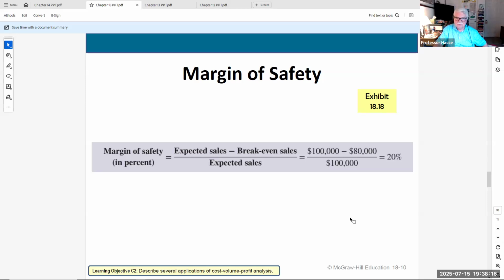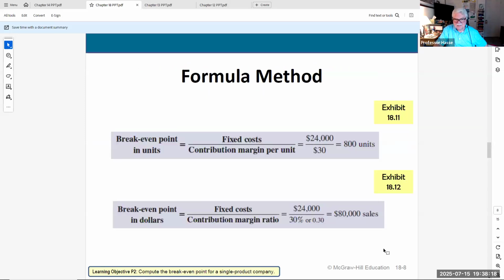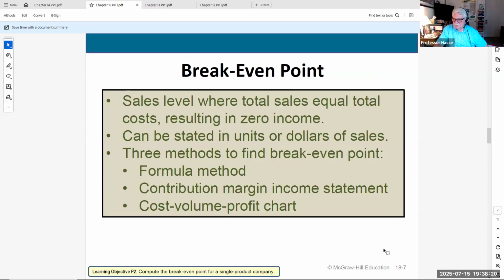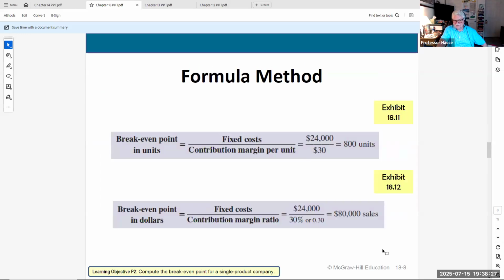So this is the most important thing coming out of chapter 18 that I know you can use a lot in the real world: at what point of our volume do we cover all our costs? And that's called the break-even point, when fixed costs are covered by our contribution margin, the difference between retail price and variable cost per unit.